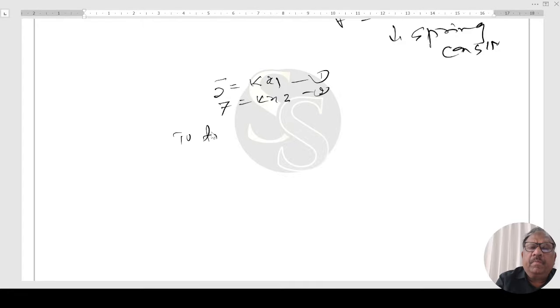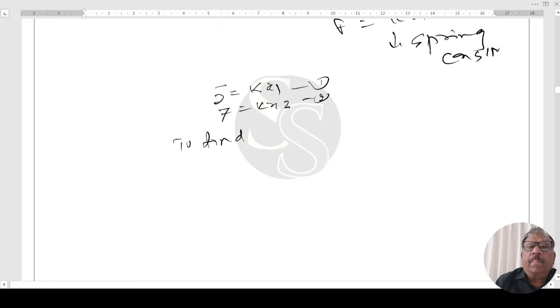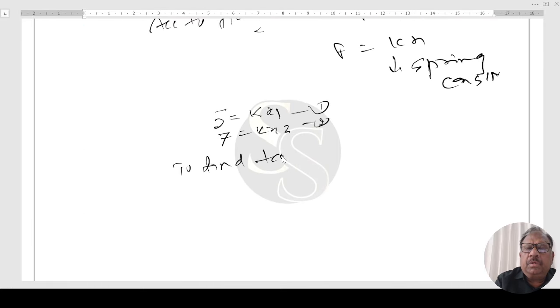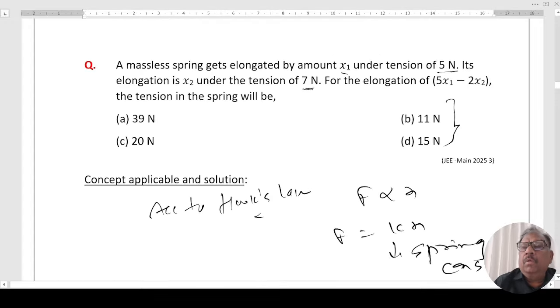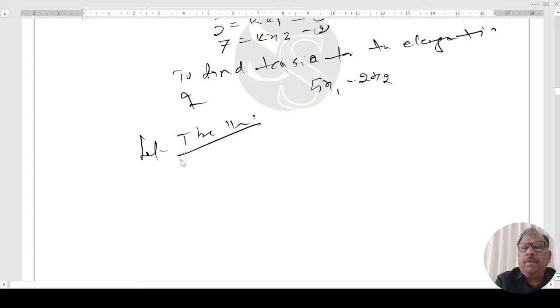To find the tension for the elongation of 5x1 minus 2x2. Let T be the elongation, right?